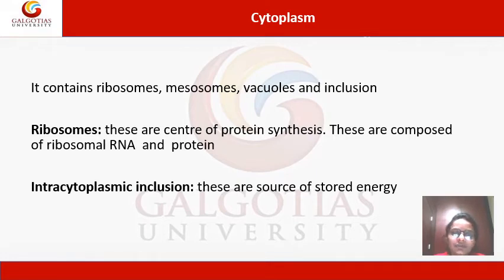These are known as intracytoplasmic inclusion bodies, and their function is to act as a source of stored energy. Whenever the bacteria is not able to find food, it can use this stored energy, which is available in these cytoplasmic inclusion bodies.